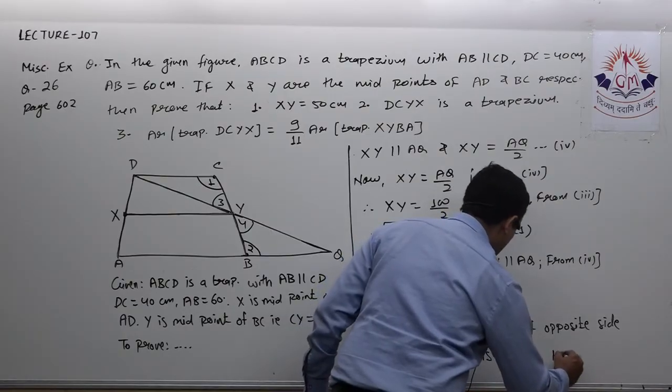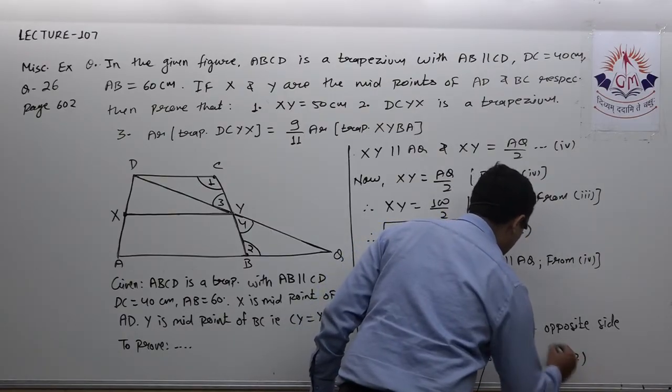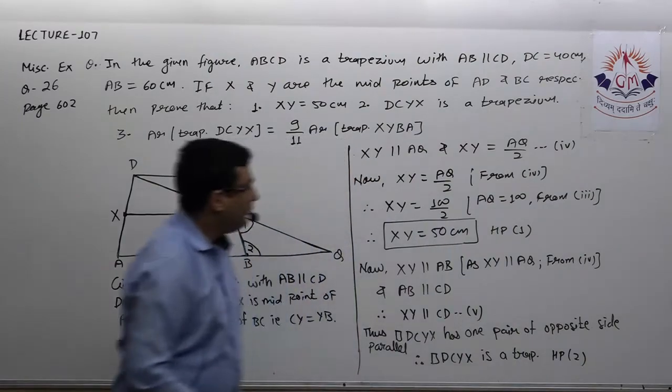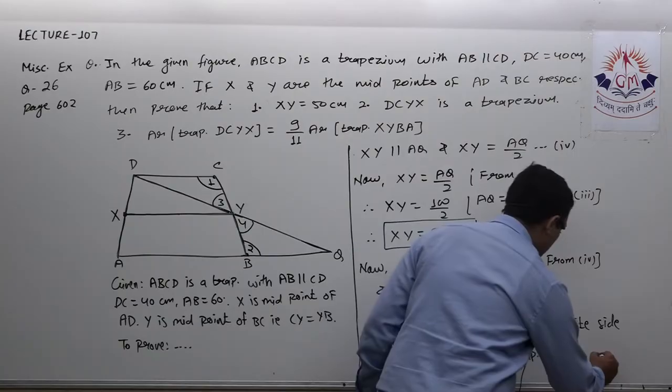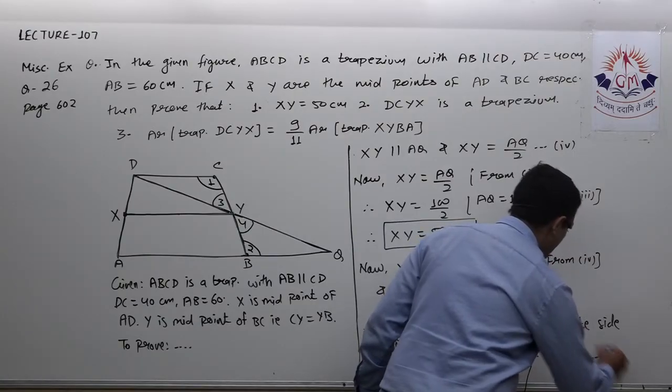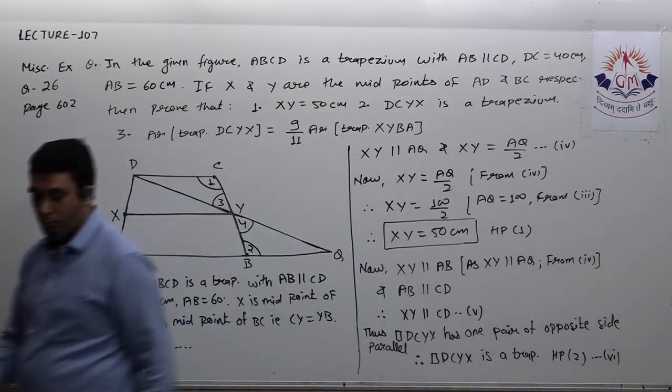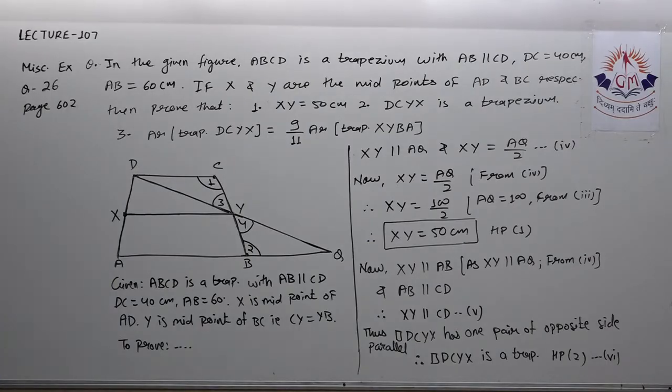So that is hence proved, second. Okay, so note it down up to this point, then we'll move further. Let this be equation number 6. Note it down up to this point.